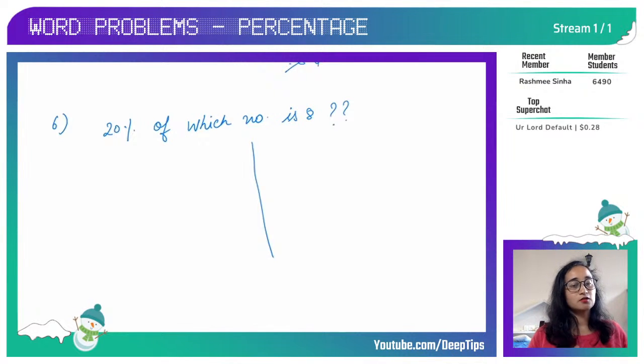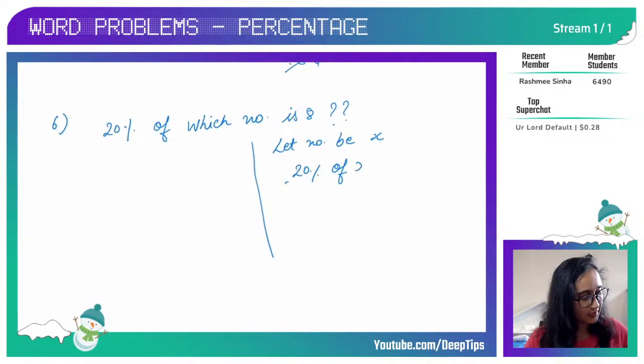So 20% of which number is 8? Let's assume that number is X. So let the number be X. So I can write, 20% of X equals 8. Now I know what is 20%. 20% is 20 by 100 of X equals 8, means 20 by 100 into X is equal to 8.